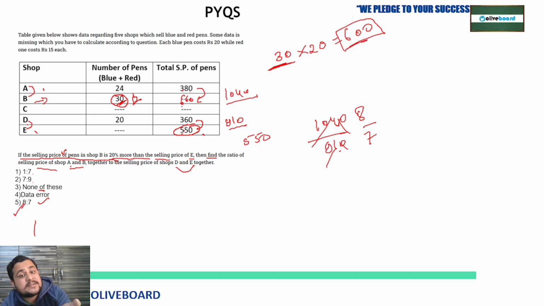So 660, how is it possible? Not at all possible. So there is some data error. So what will you say? Option 4, data error. So you have to be careful about this also.